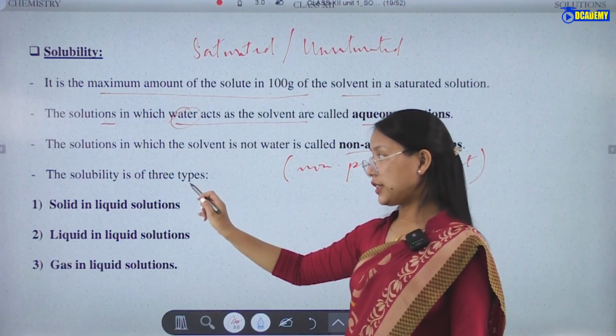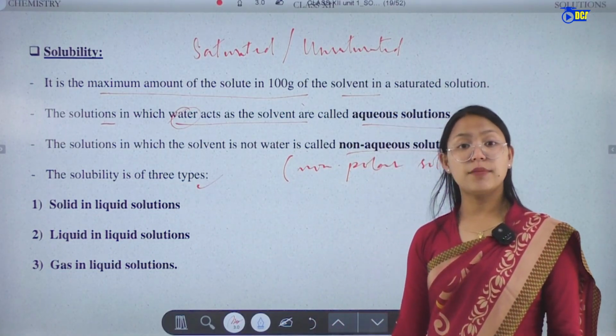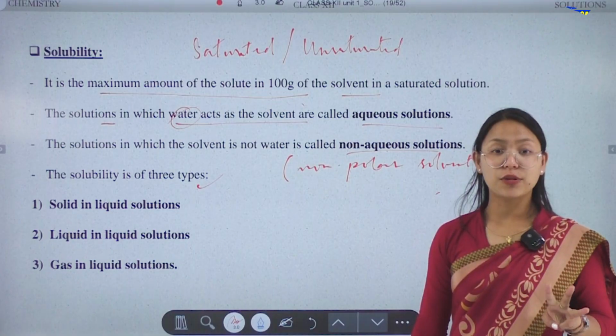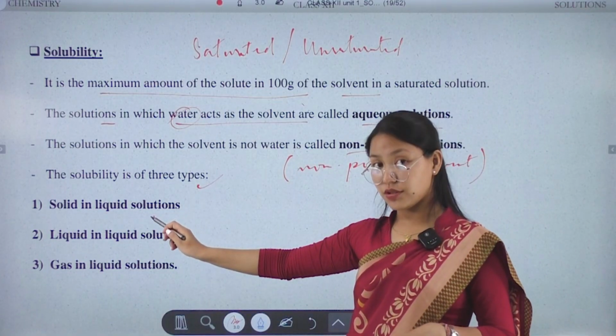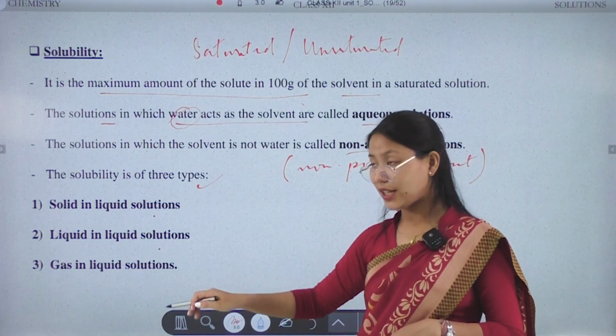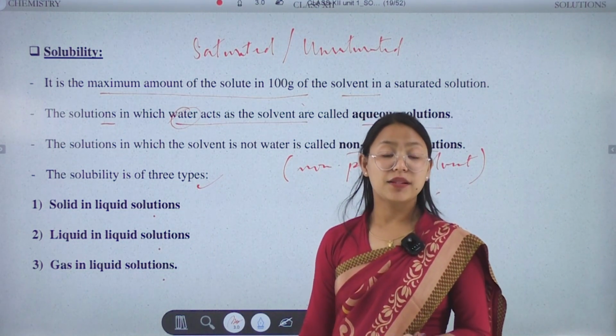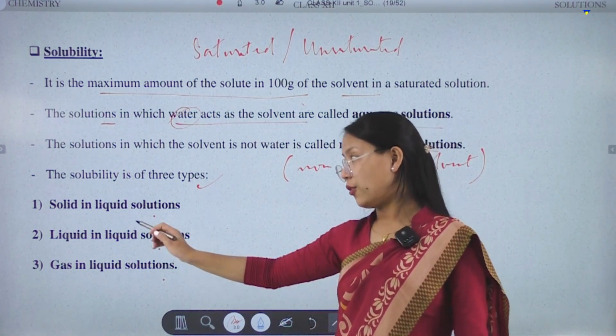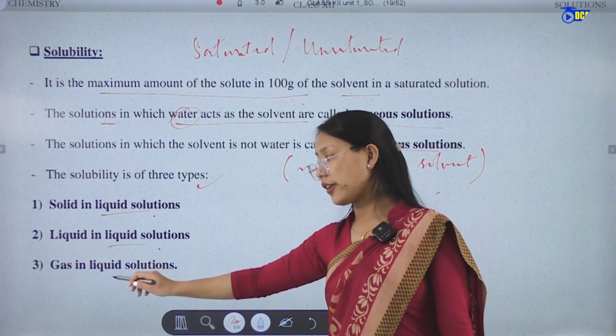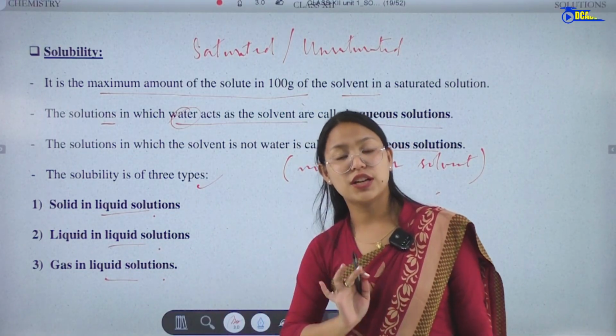Then the solubility is of 3 types. Solid in liquid solution, liquid in liquid solution, gas in liquid solution. We are taking the solubility in the case of only the liquid solutions.